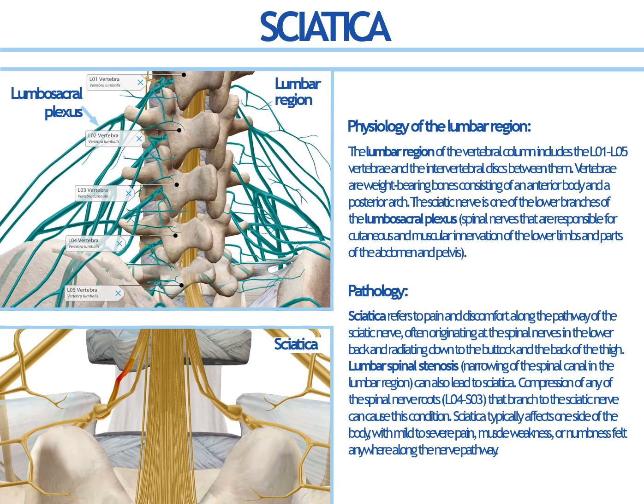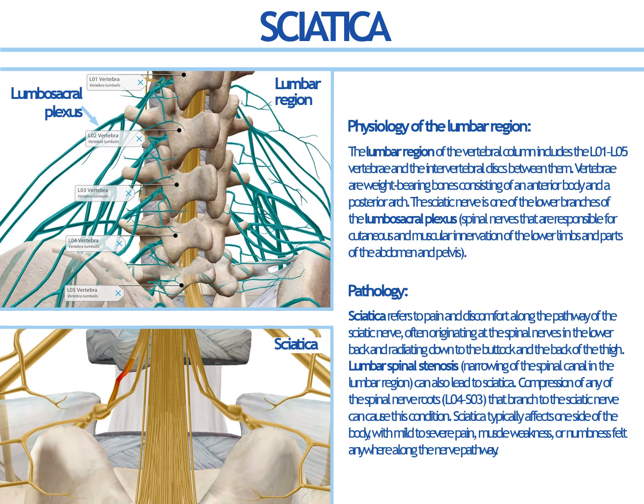In terms of the pathology, sciatica refers to pain and discomfort along the pathway of the sciatic nerve, often originating at the spinal nerves in the lower back and radiating down to the buttock and the back of the thigh. Lumbar spinal stenosis, which is the narrowing of the spinal canal in the lumbar region, can also lead to sciatica.